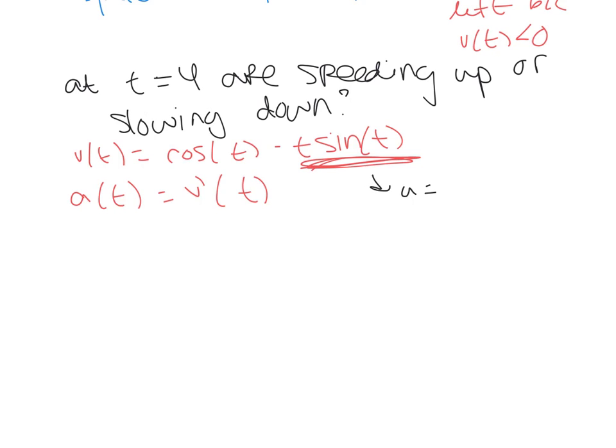So I know that u is negative t, u prime is equal to negative 1, v is sine of t, v prime is equal to cosine of t.